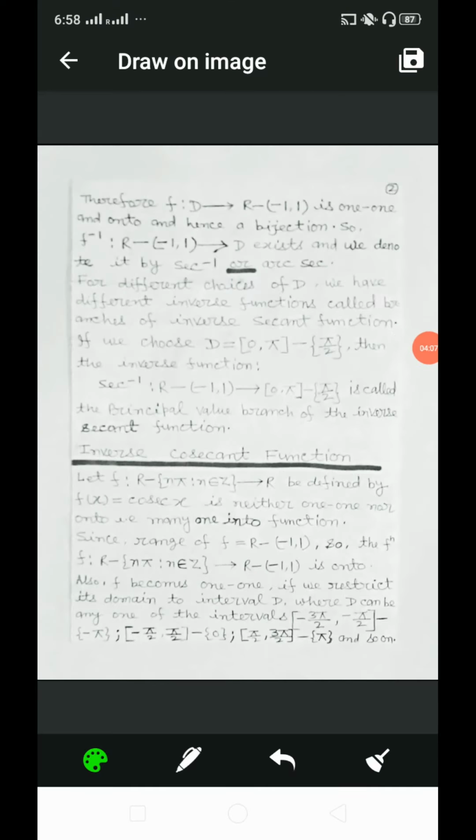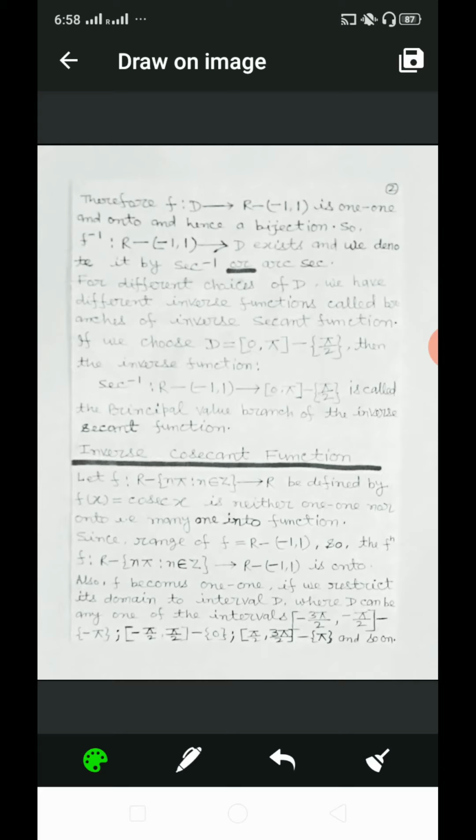Therefore, the function from D to R minus the open interval (-1, 1) is one-one and onto, and hence a bijection, meaning it is an invertible function.